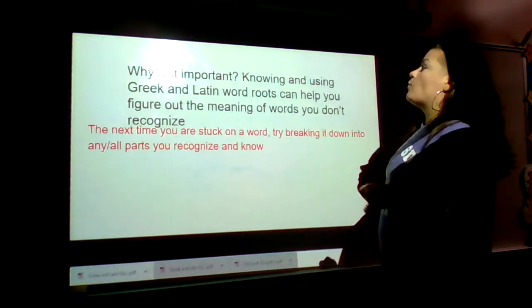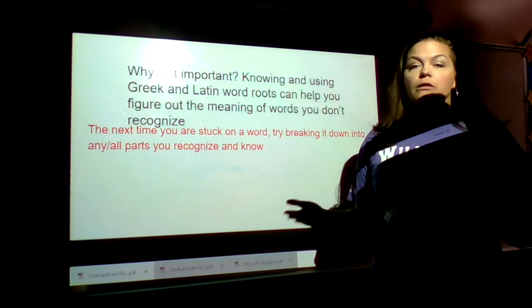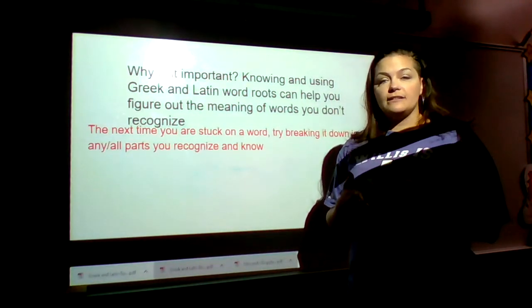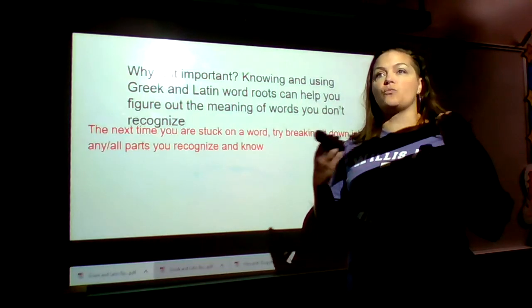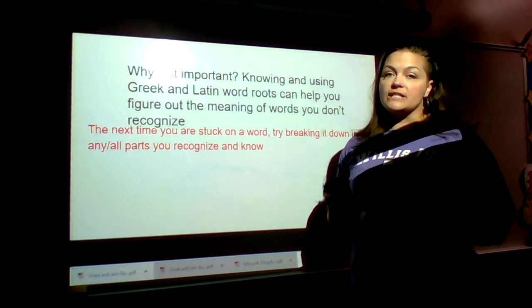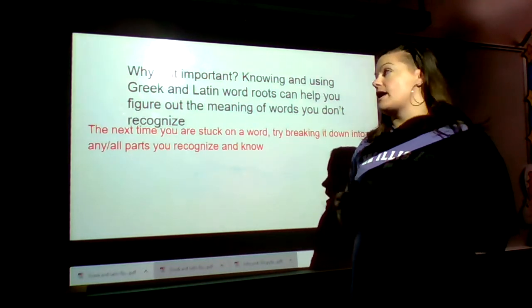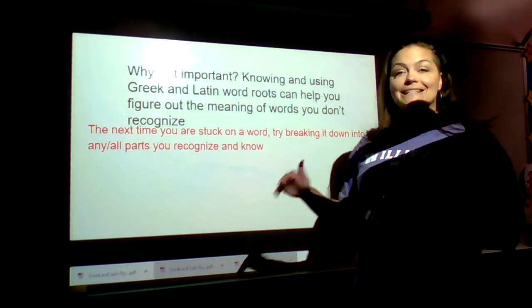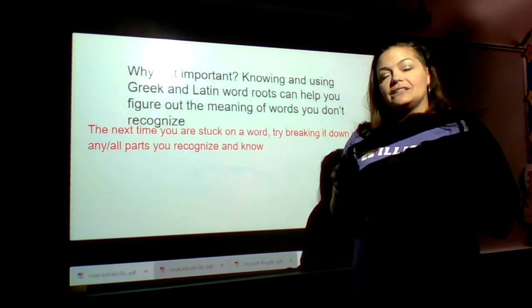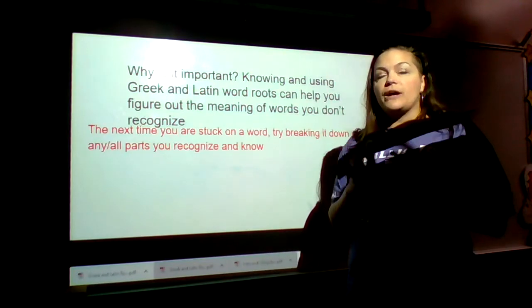Why is it important to know Greek and Latin prefixes and suffixes and root words? Simply because as you're working through things and as you read things, words that you don't understand, it helps you figure that word out. It helps you break it down. So if you know a word that's inside a bigger word, it can help you break it down a little bit.